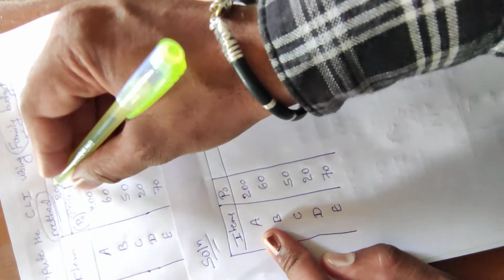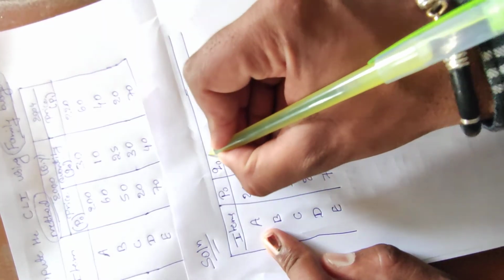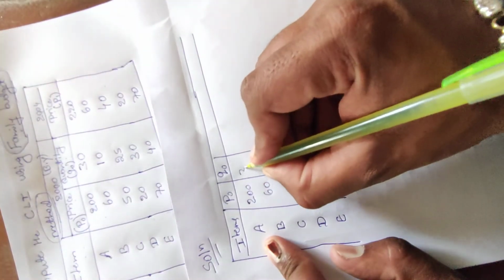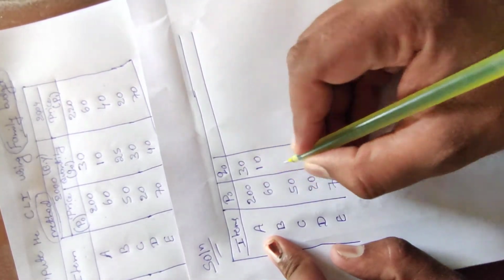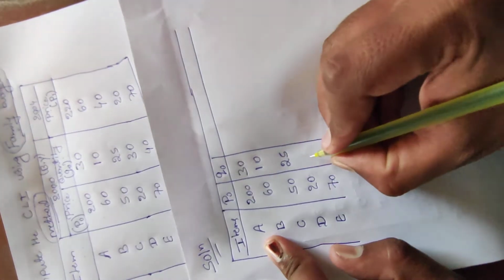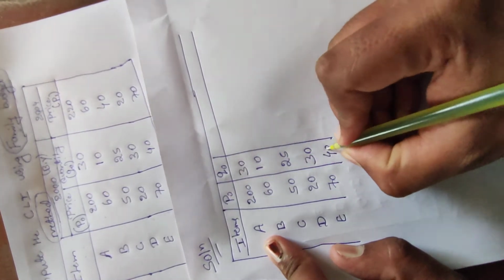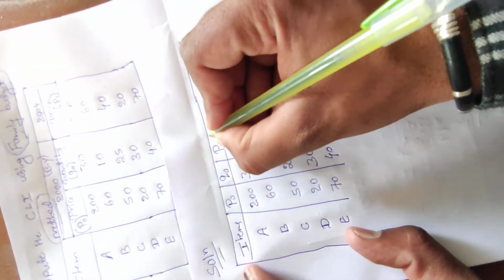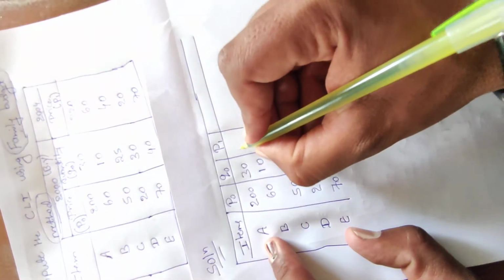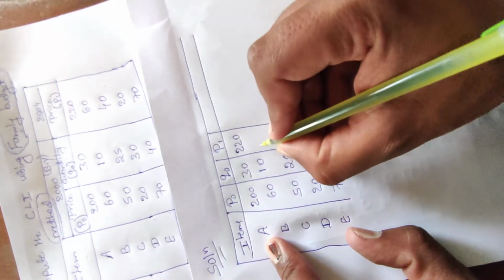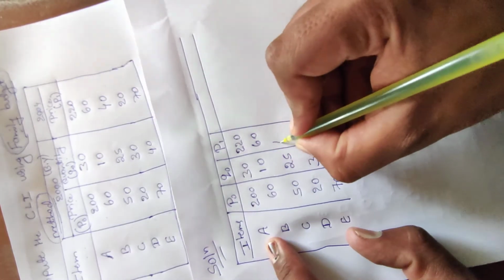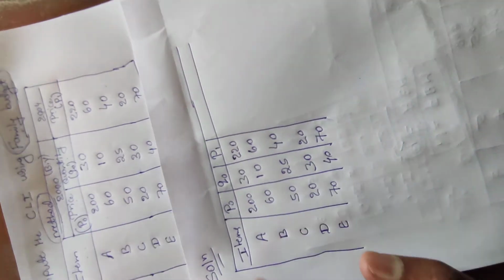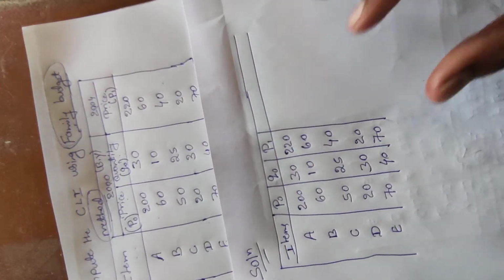Next, the base year quantity, Q naught: 30, 10, 25, 30, 40. Next, the current year price, P1: 220, 60, 40, 20, 70. These are the given information in the problem.